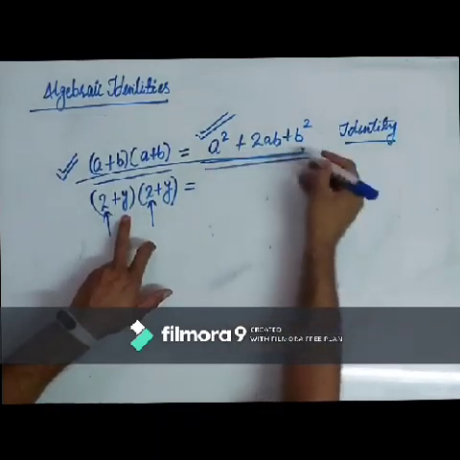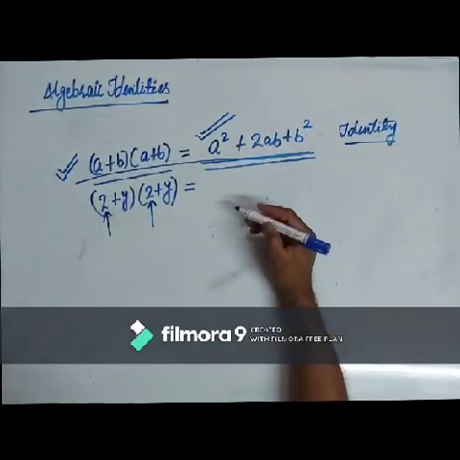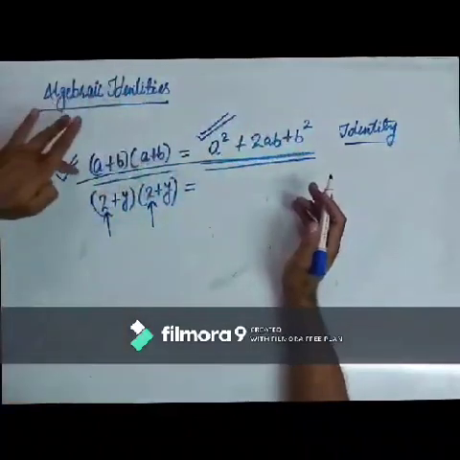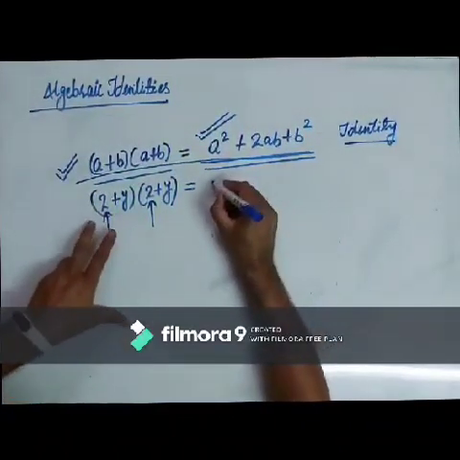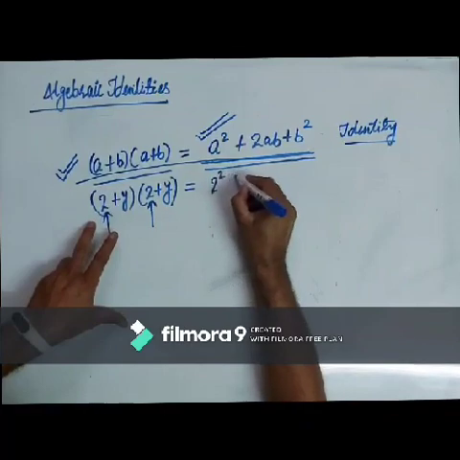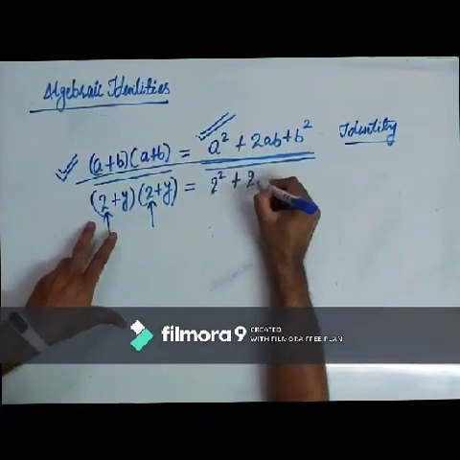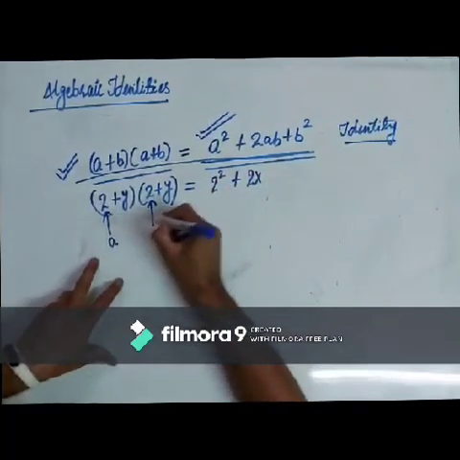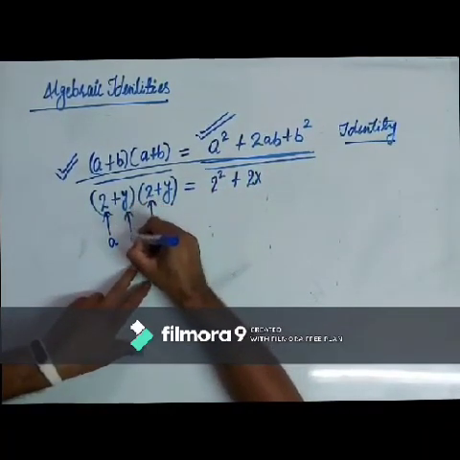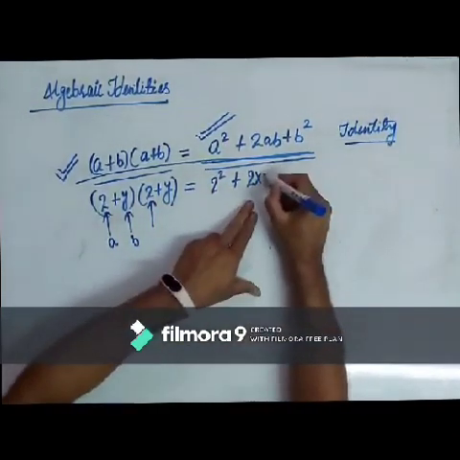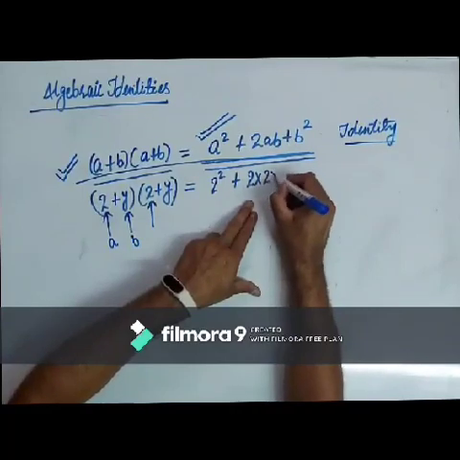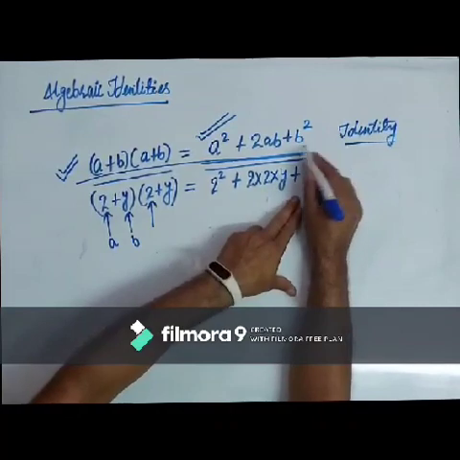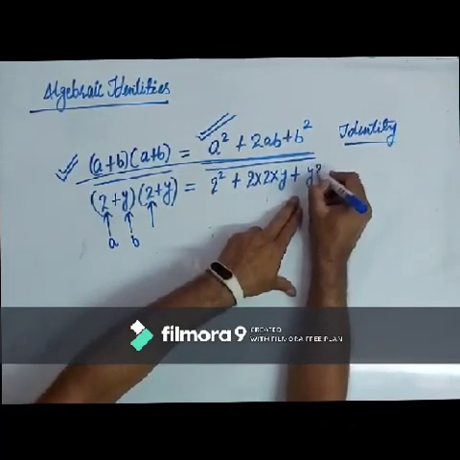Then we write 2 square plus 2 multiplied by a, which is 2, and b, which is y, plus b square, which is y square.